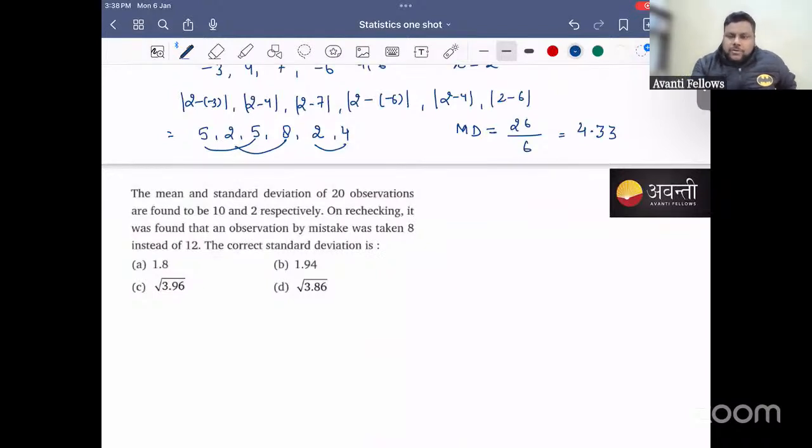Mark your answer in this poll. Be quick if you have got it.